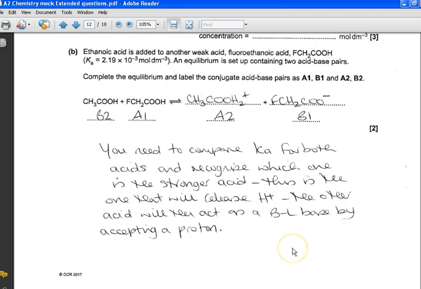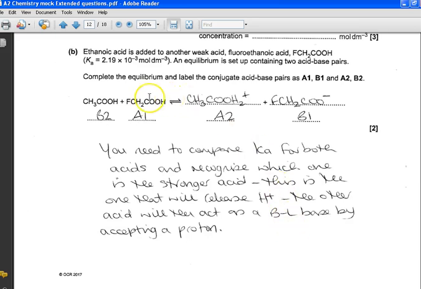This one is a little bit more complicated than usual, maybe, because you're given 2 Ka values, and obviously you need to compare the Ka values to recognise which one will act as the acid and which one will act as the base.